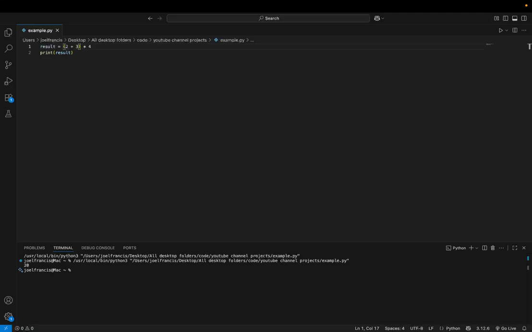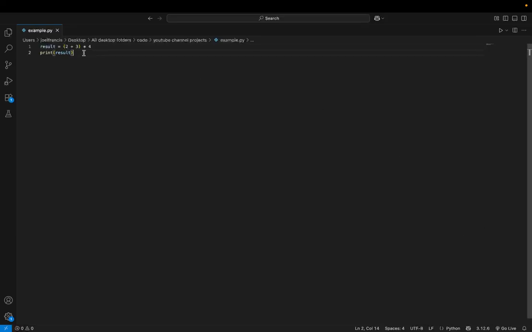Python also has some built-in math functions for common tasks like rounding or absolute values. Here's some example code. Let num equal negative 7.5. We're going to print the absolute value, then we'll round the number, and then we'll round it to 1 decimal place.